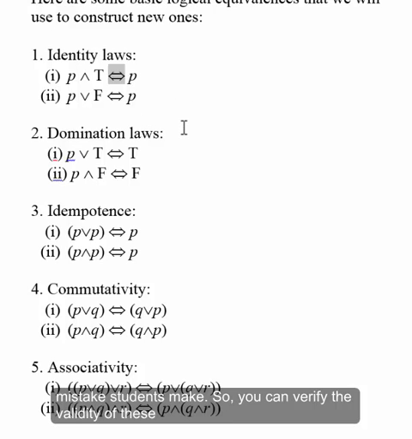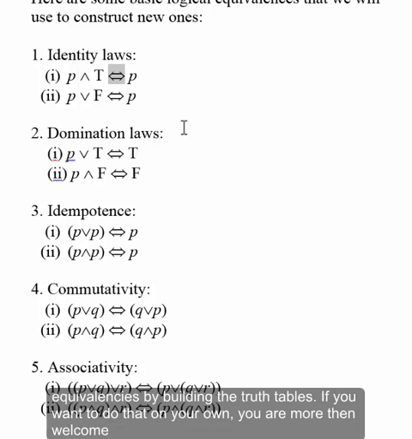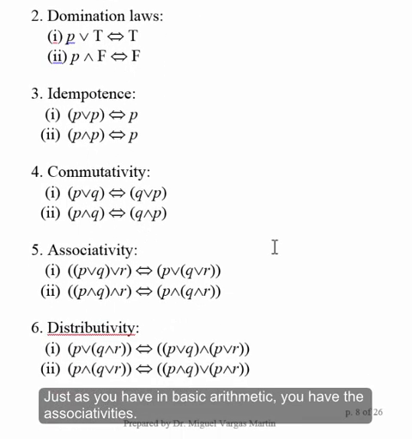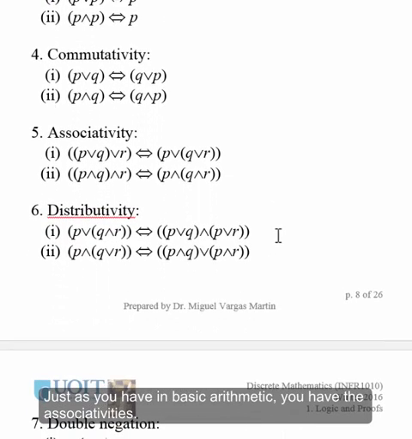So you can verify the validity of these equivalences by building the truth tables. If you want to do that on your own, you're more than welcome to. It will help you reinforce your knowledge on these logical equivalences. Just as you have in basic arithmetic, you have the associativity.